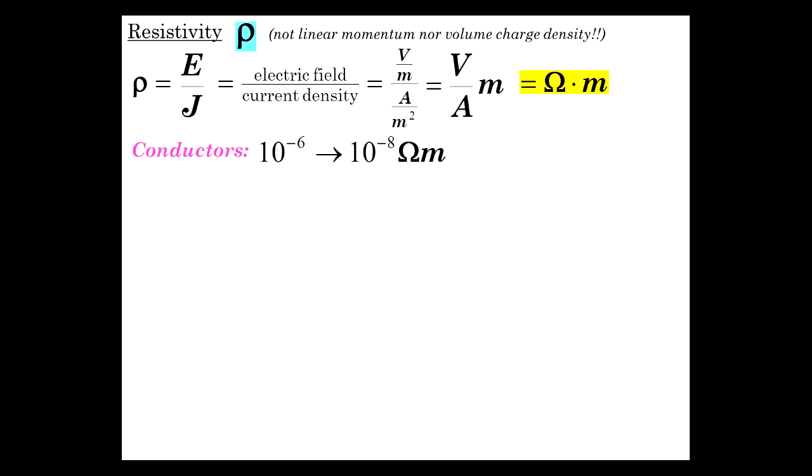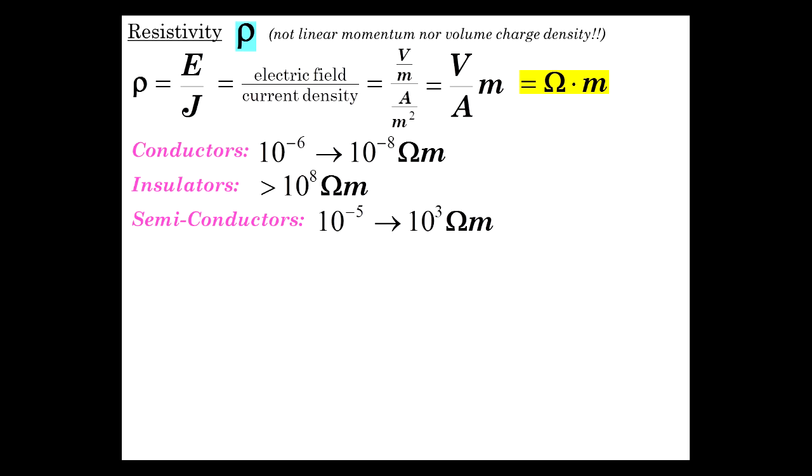Conductors range from about a micro ohm meter to about 1/100th of that. So very, very small values of resistivity. Insulators, on the other hand, greater than 10 to the 8th ohm meters, not -8. So it's the other end of the spectrum. And semiconductors span a wide range somewhere in the middle, 10 to the -5 to 10 to the 3rd or so.